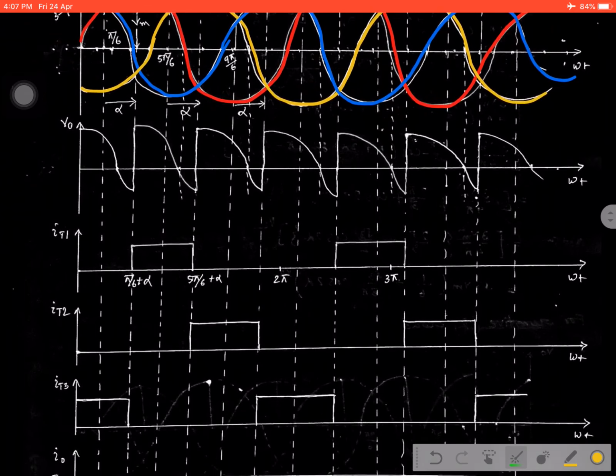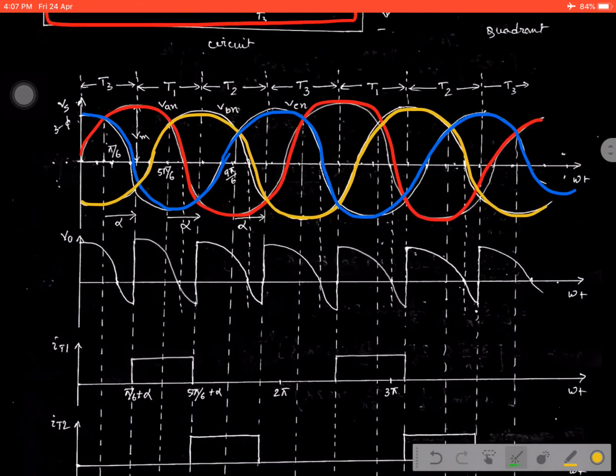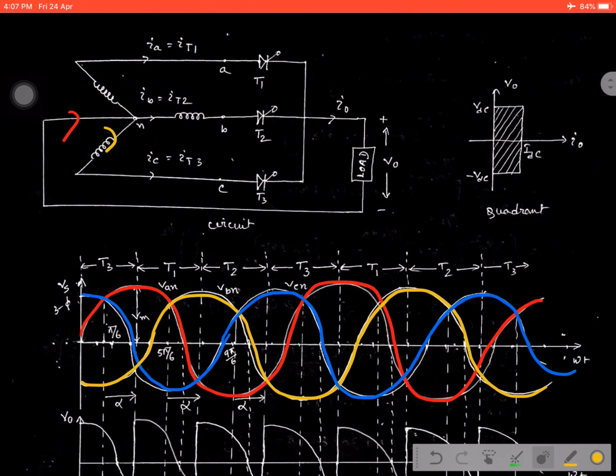Suppose we are going to form the current appearing across the load. Go to the waveform again. When T1 starts conducting, the current flows this way, so I0 is from T1.